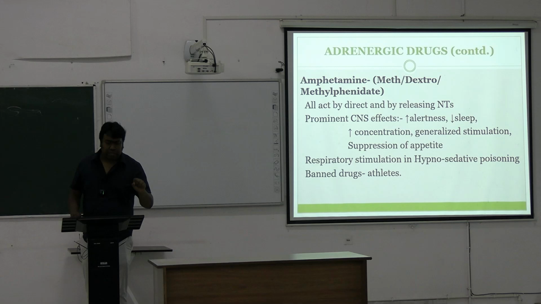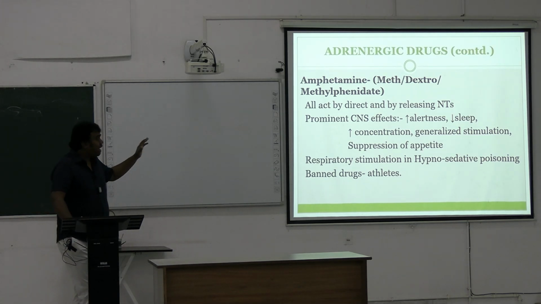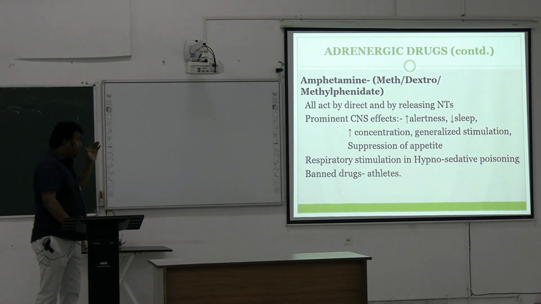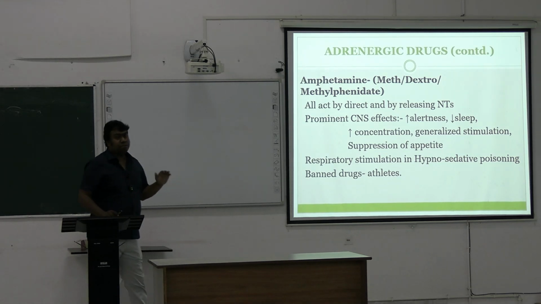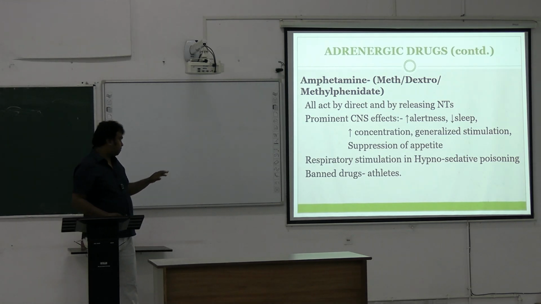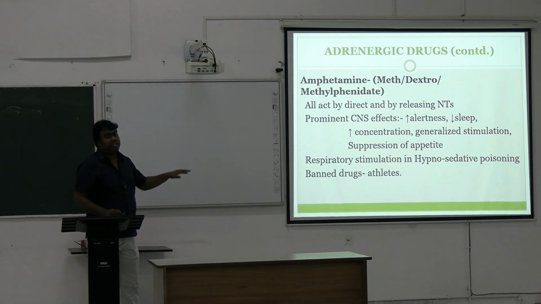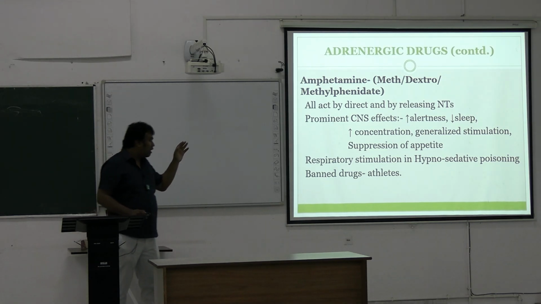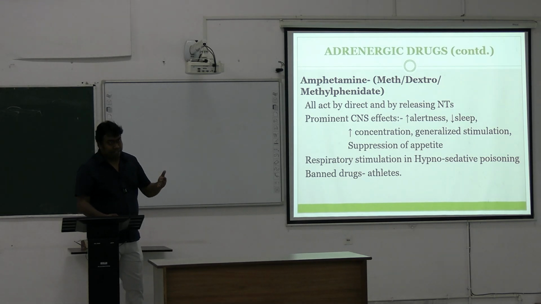All these are very important for the student before the examination. So they used this amphetamine previously just before the examination, but they have very bad side effects. So nowadays it is banned without a prescription. It also helps in respiratory stimulation if some hypnosedative agent is used or poisoning.